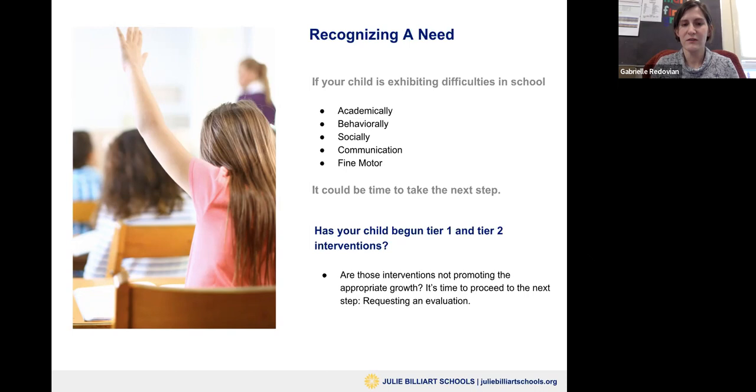And those tier 2 interventions are going to be providing additional supports, maybe some smaller group instruction or an additional adult in the classroom helping them. So if you feel that your child is still not continuing to make progress or they're falling behind, this is the time that you're going to request an evaluation.